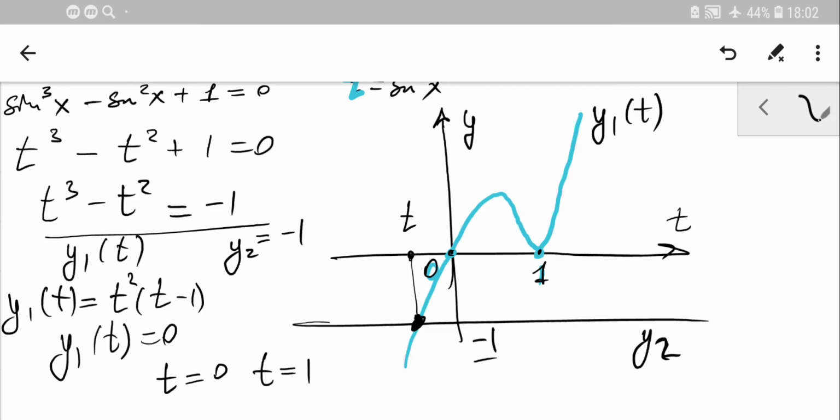I can use an online graphing tool to check my assumption.